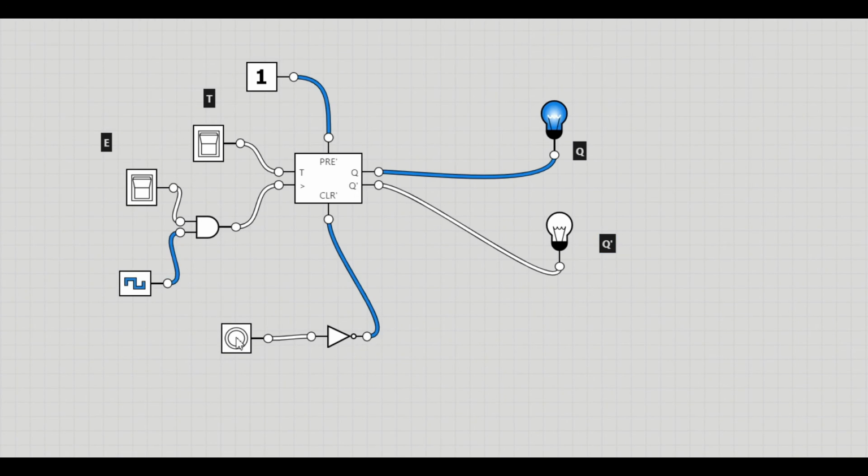Labeling the dash, turning on the enabler, turning on the second switch T.